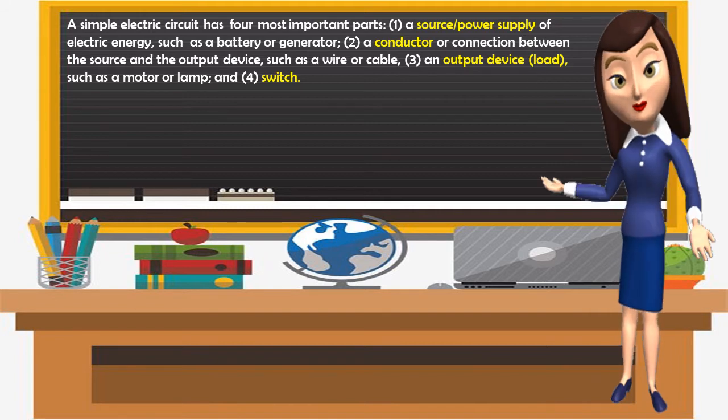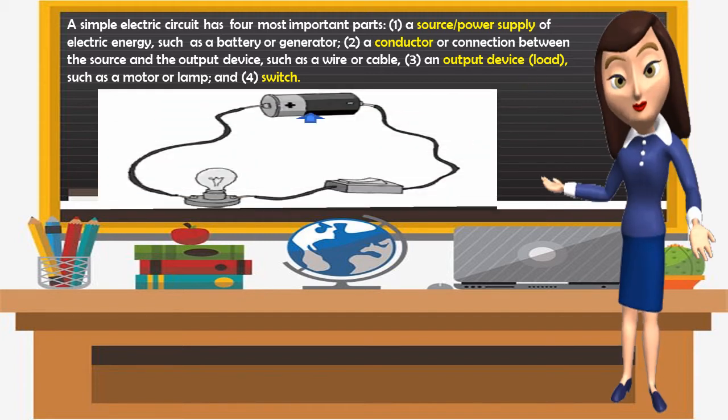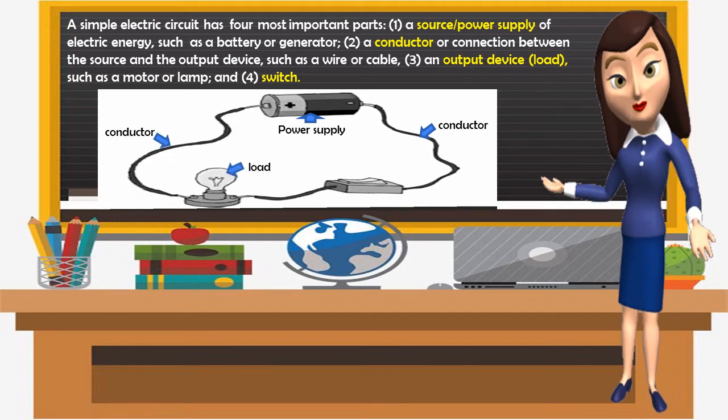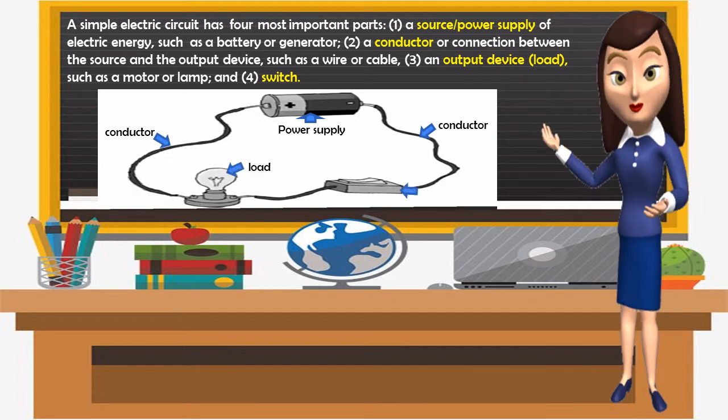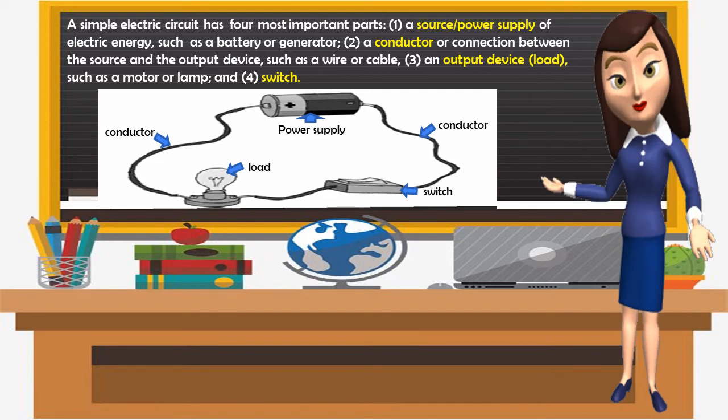And last, the switch. As you can see in the picture, the battery is the power supply, the wires are the conductors, the bulb is the load, and this one is the switch, which controls the current flow.